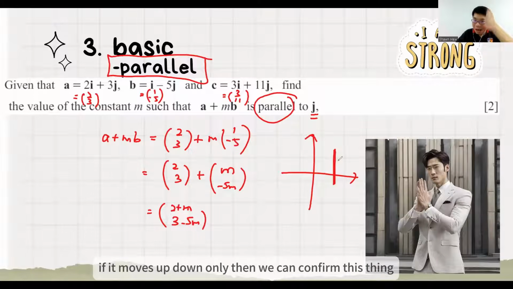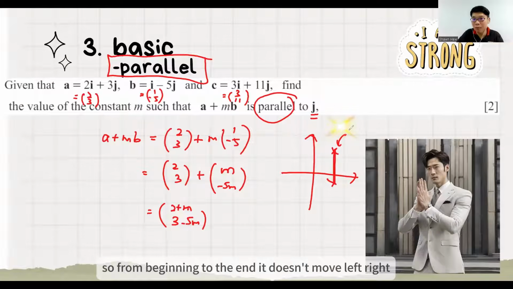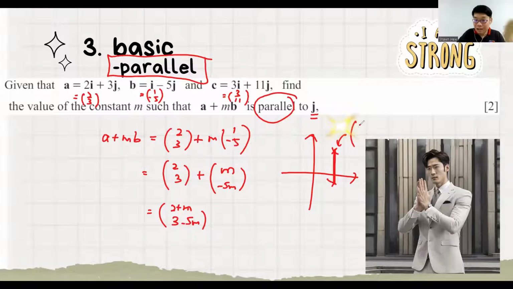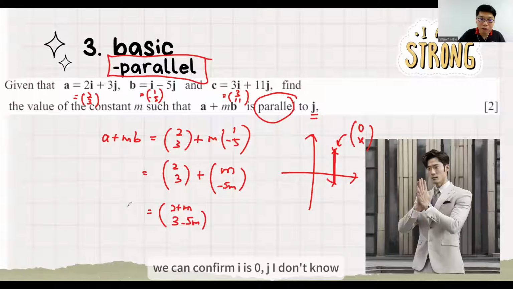If it moves up, down only, then it doesn't move left, right from beginning to end. So we can confirm the i component is actually 0. The j component will carry a value that I don't know, so I just write 0, x. So this is parallel to j. We can confirm i is 0, j I don't know.